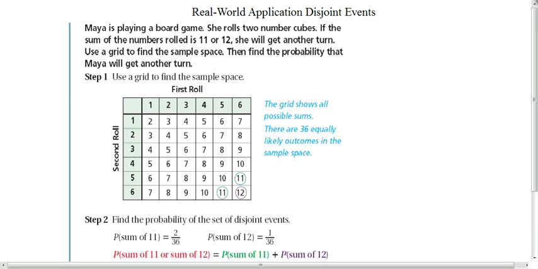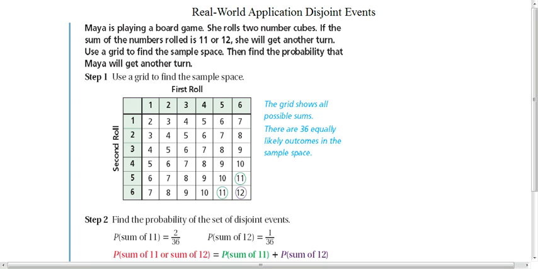So what the grid is showing us is that there are 36 equally likely outcomes in the sample space. That should make sense: 6 on the first one, 6 on the second one, which gives us 36.